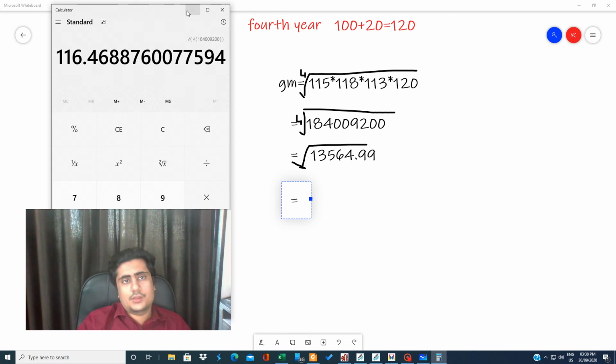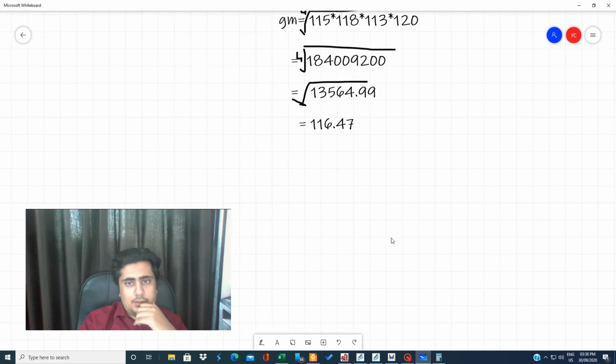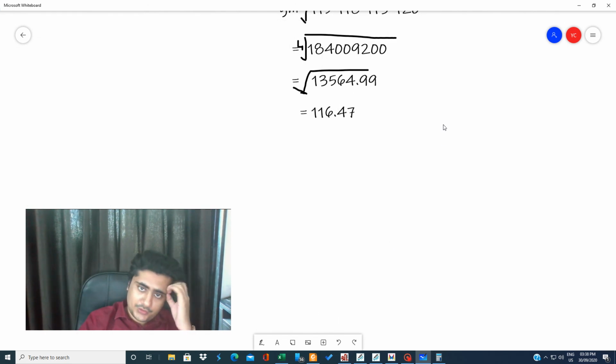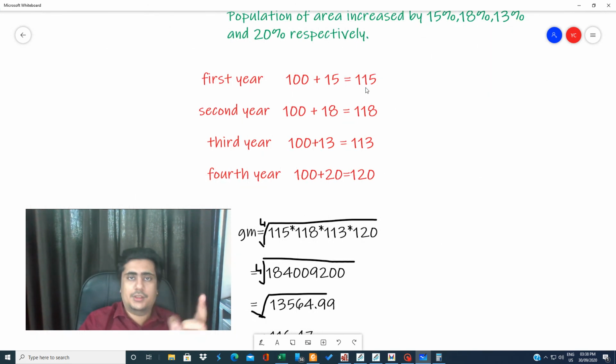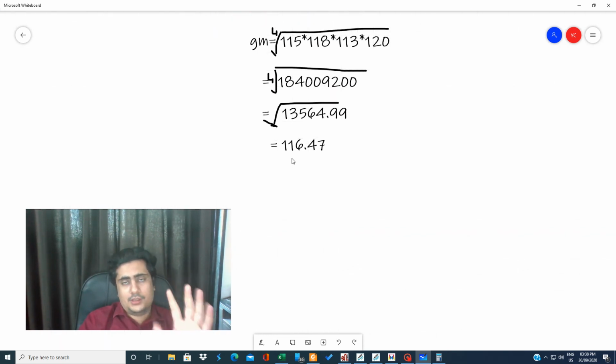It's 116.47. Now what is this? This is the population. See, these are the total population. That means population plus increment, total population. So you got the average total population is 116.47.